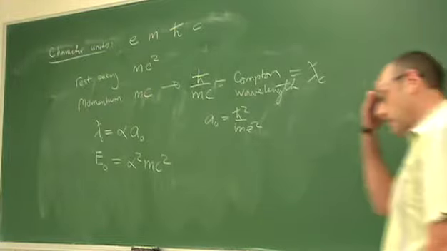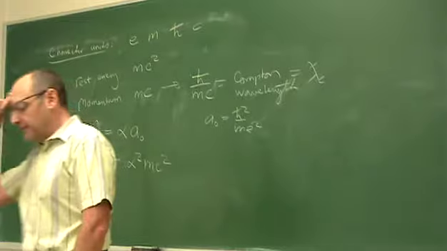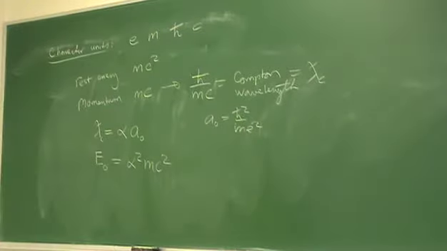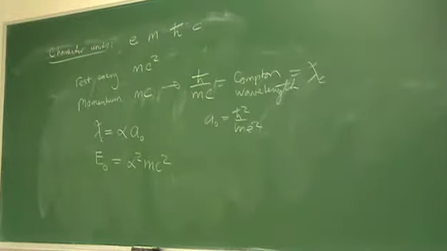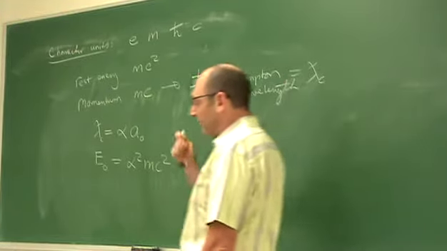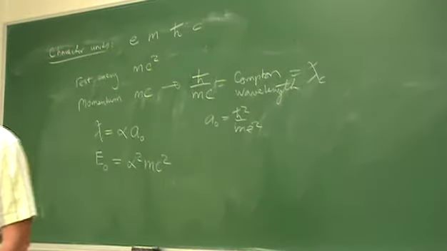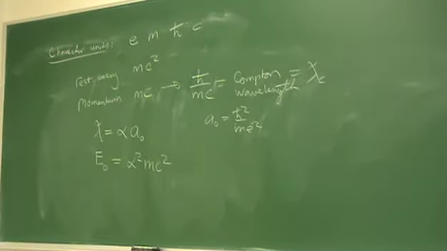So now, if we want to think about the effects of things like the coupling of the spin of the electron to the magnetic field present at the position of the electron, we have to think about relativistic corrections.